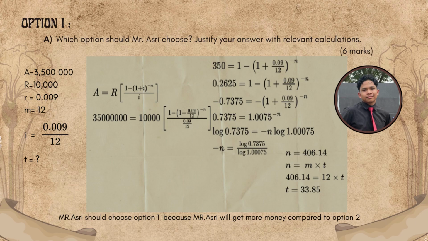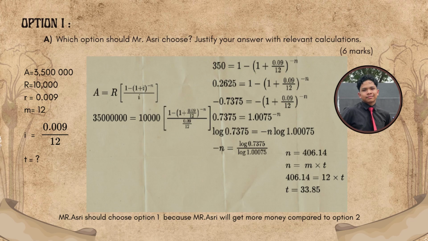So we use the future value formula, which is A equals R [1 - (1 + i)^(-n)] over i. So we got n, the answer of n is 406.14.